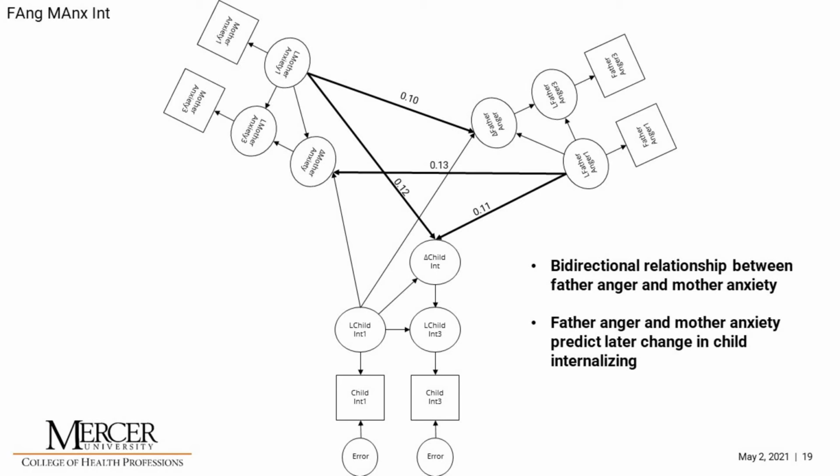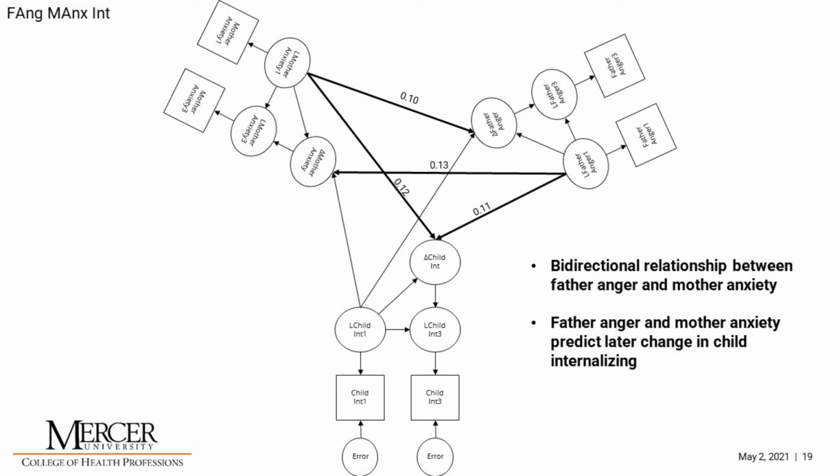It looks like in this model, father anger predicts later change in mother anxiety and child internalizing behavior. Mother anxiety also predicts later change in father anger and child internalizing behavior, but the level of child internalizing behavior does not appear to predict later change in father anger or mother anxiety.